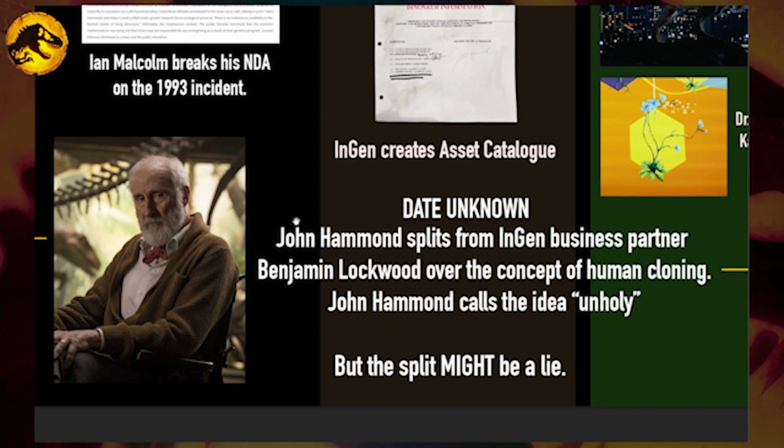This is a very big question mark about the specifics of this, but we do know that Benjamin Lockwood told the businessman who's looking after his estate funding that he cloned his daughter after she died, and the ideas of human cloning made him and John Hammond split.